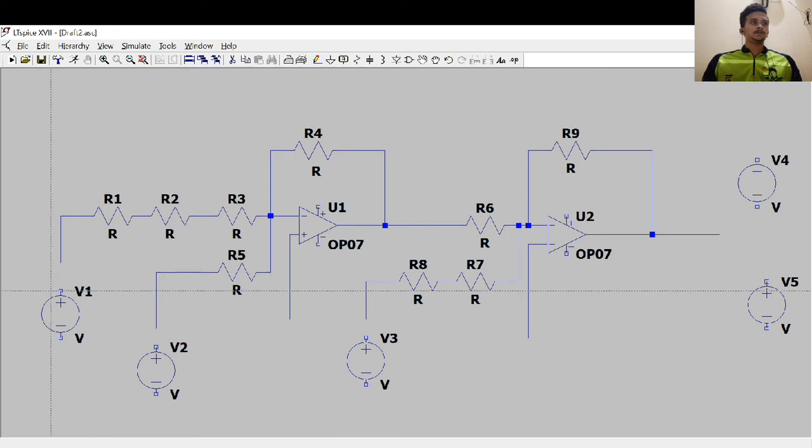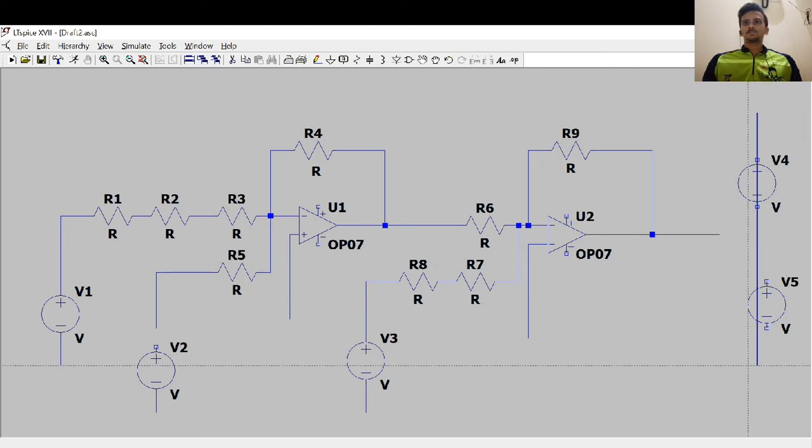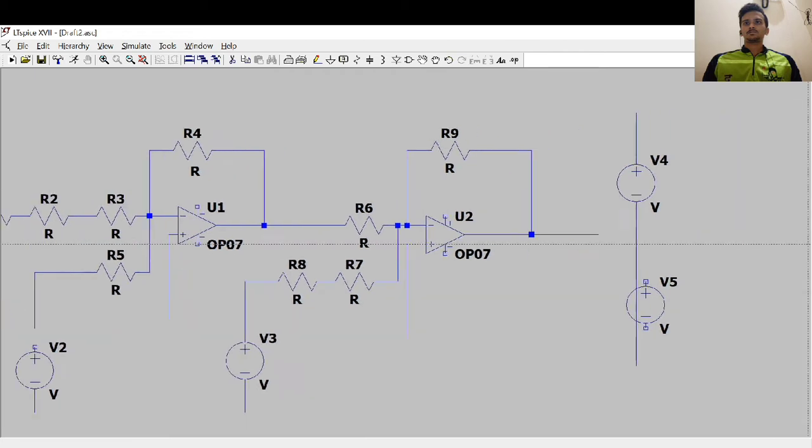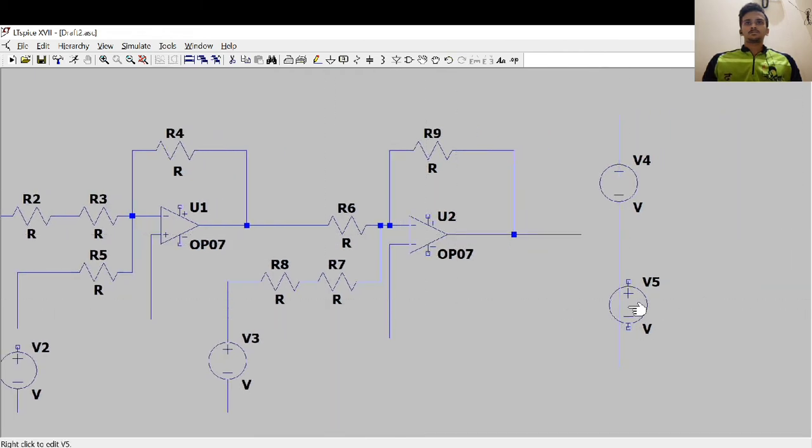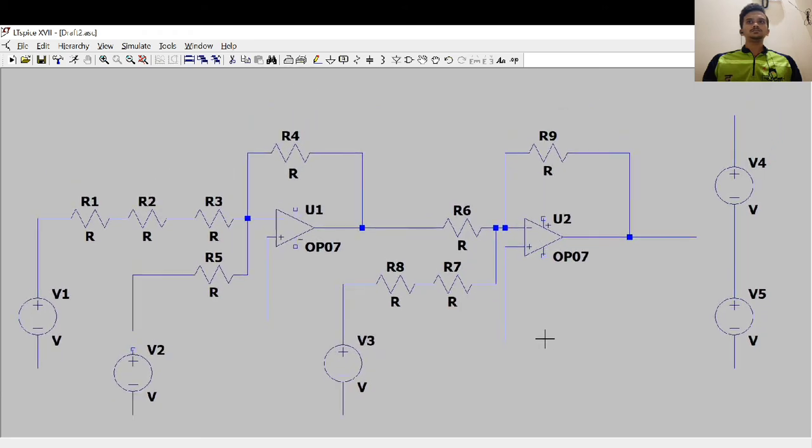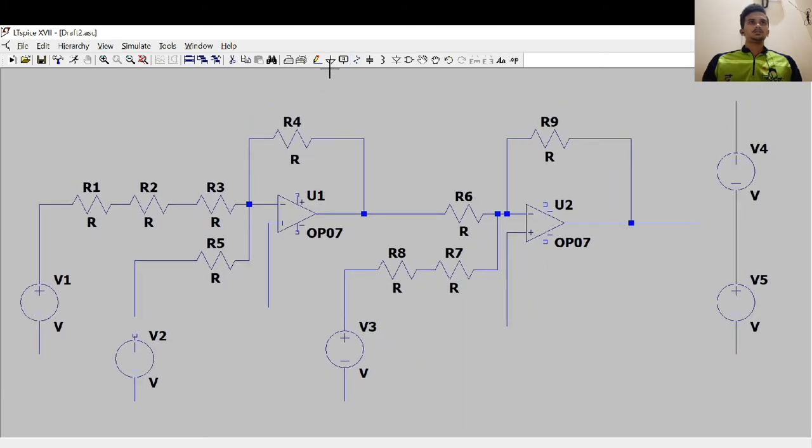So let's connect it. We will provide the ground for all.